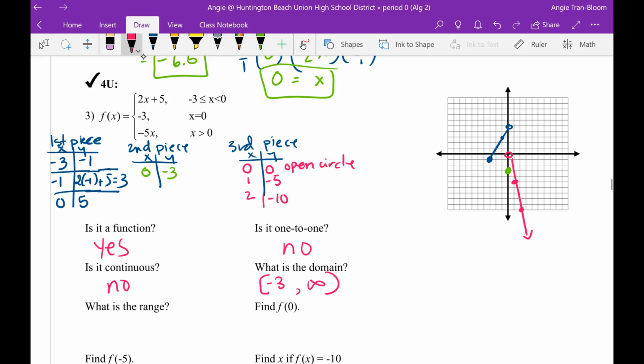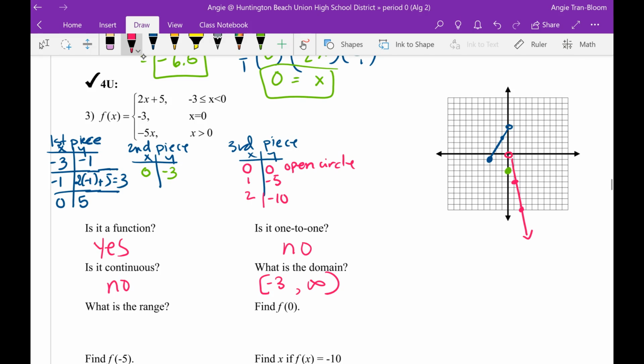Let's start with the range. Well, how do we always start? Top or bottom? Bottom. Do I have a negative infinity? Yes. Do I have a -100? Yes. Do I have a -10? Yes. Do I have a 0? Yeah, I do. Even though this is an open circle, isn't there something right here? How high up can I go?